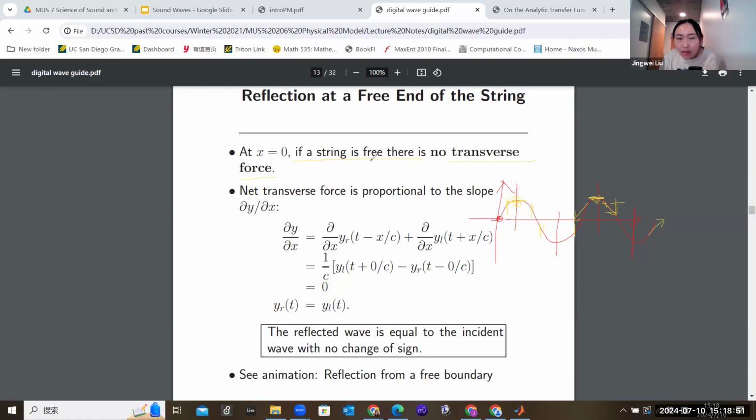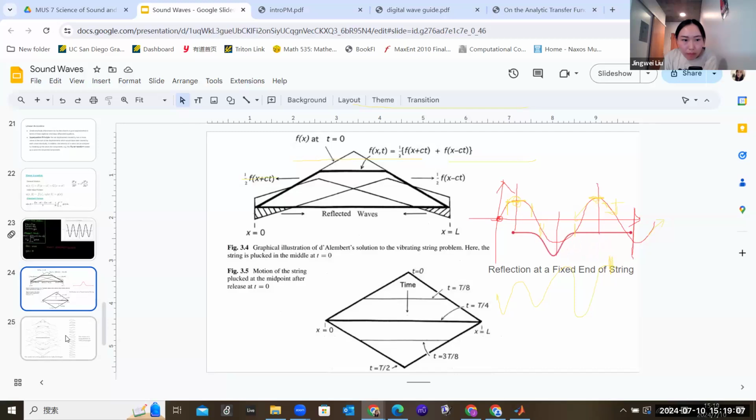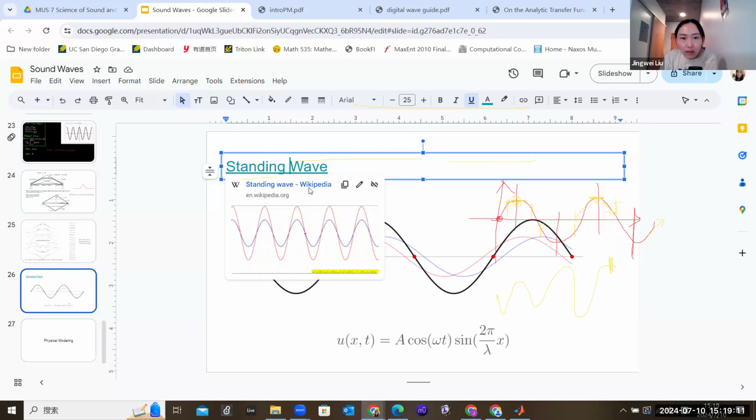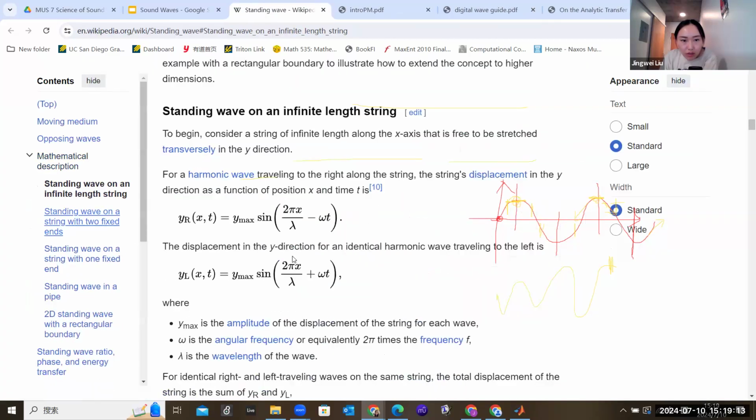Therefore, at the free end of the string, for the standing wave, this will always be the maximum amplitude. This is exactly as shown in this animation.